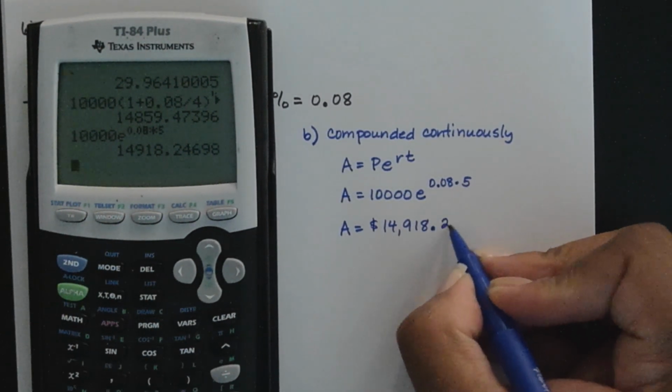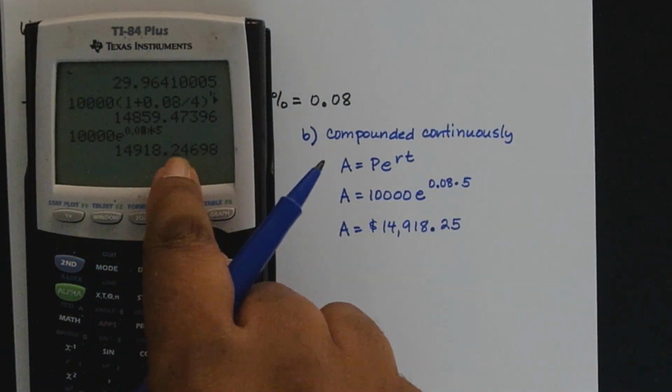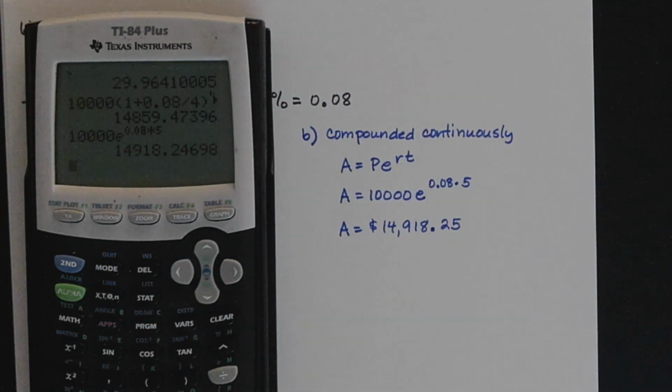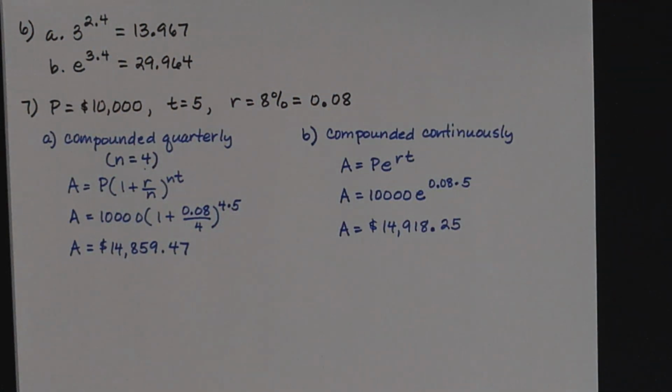The answer ends in 25, because the second digit after the decimal point is a 4, and to the right of it is 6, which rounds up to 5. So it'll be $14,918.25. Okay. Questions about problem number 7?